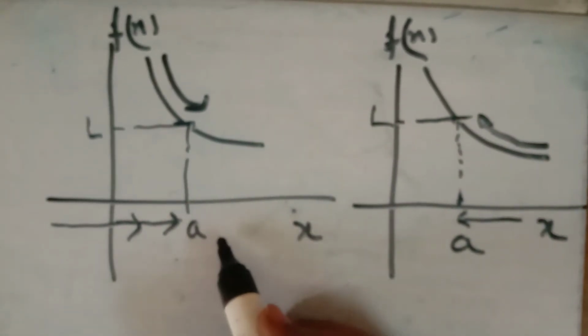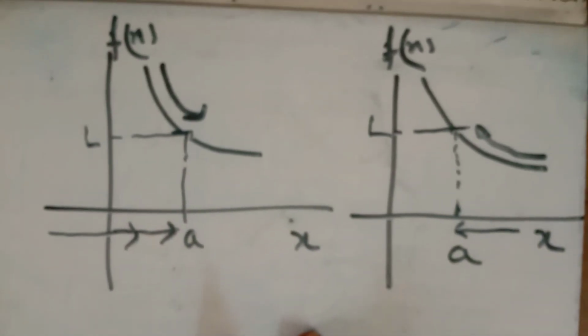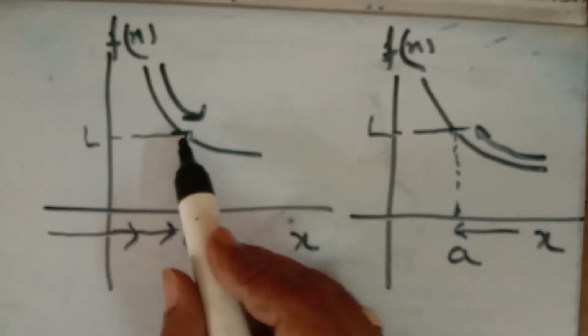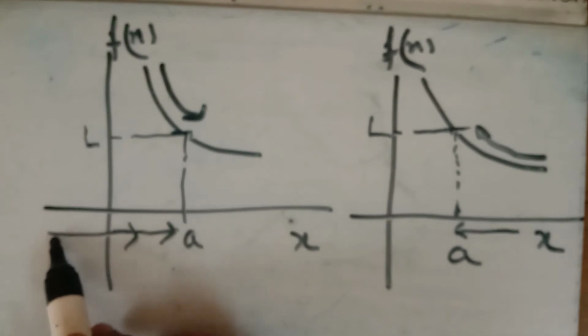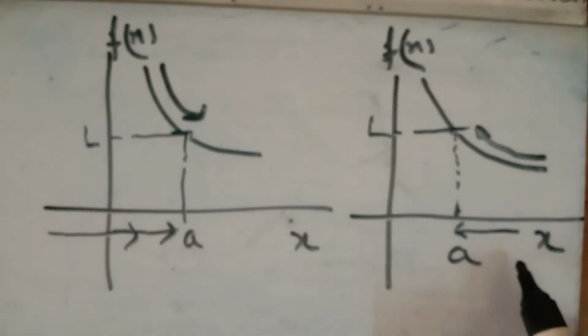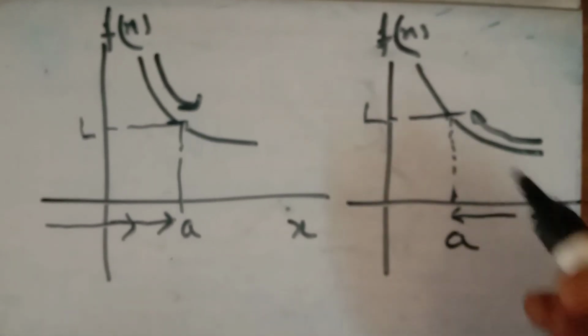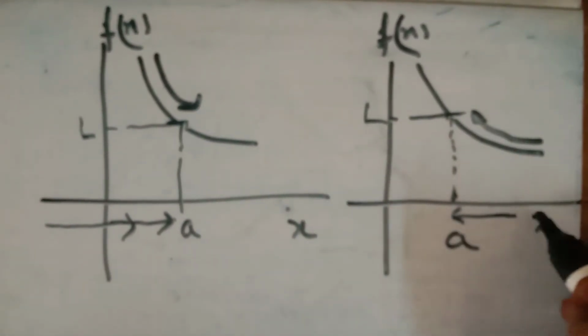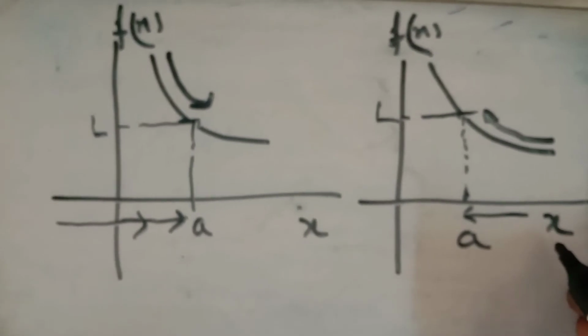So this is the function f(x) I have taken. The value of this function approaches L when x approaches a from the smaller values of a, and the value of this function also approaches L when x approaches a from the greater values of a.